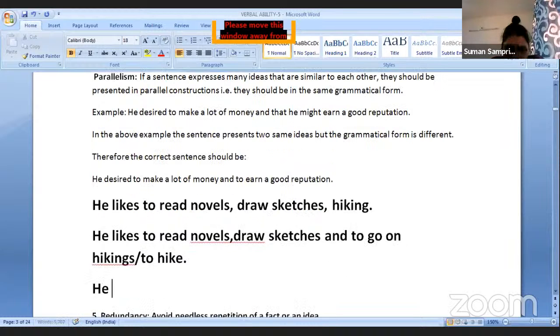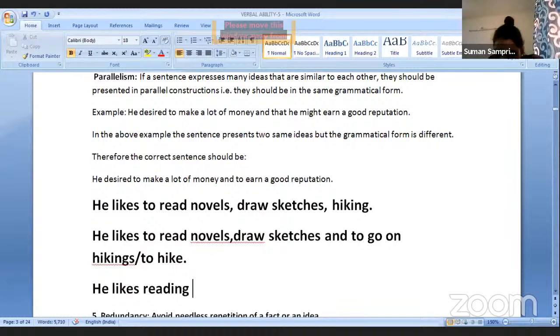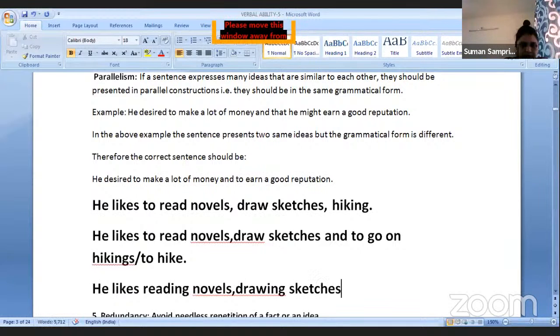This can be: he likes reading novels. I'm just repeating Sunita's answer. She has given it correctly. So reading novels, with drawing sketches, and hiking.